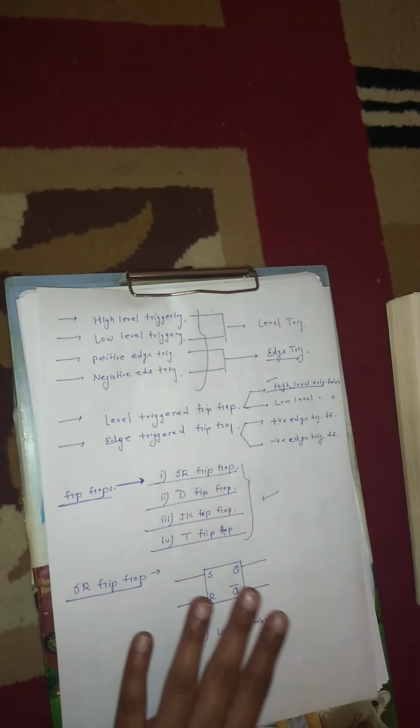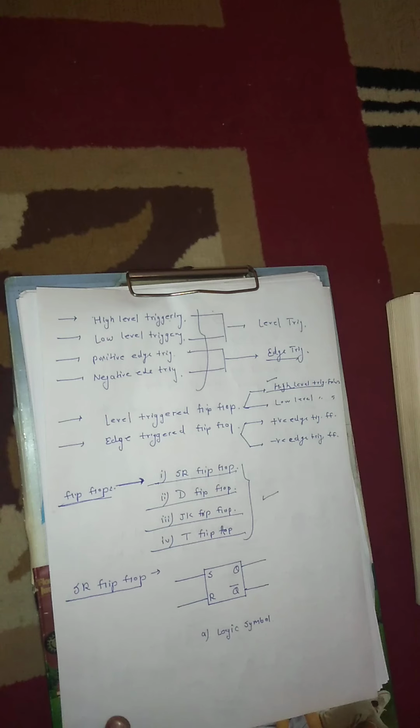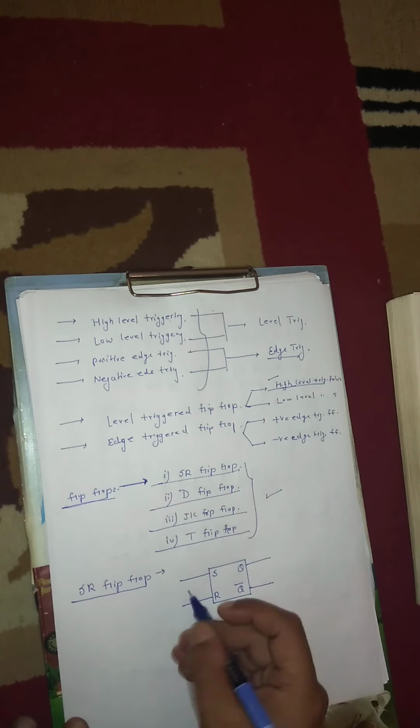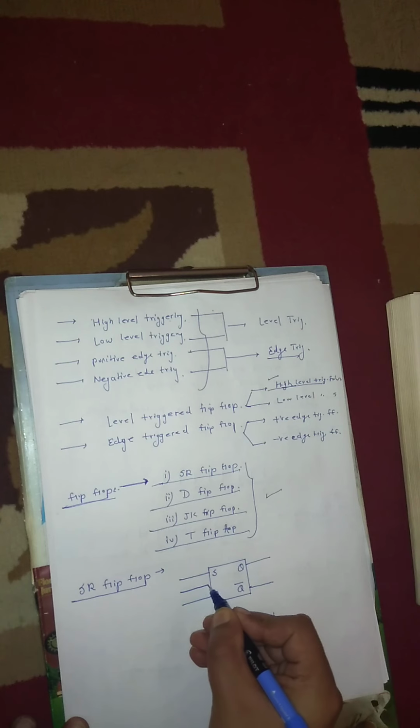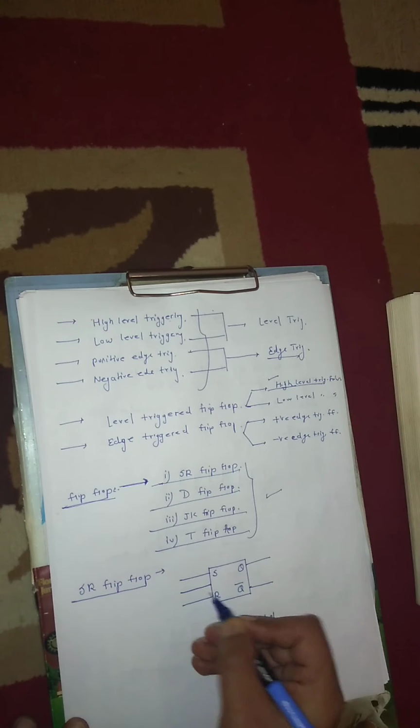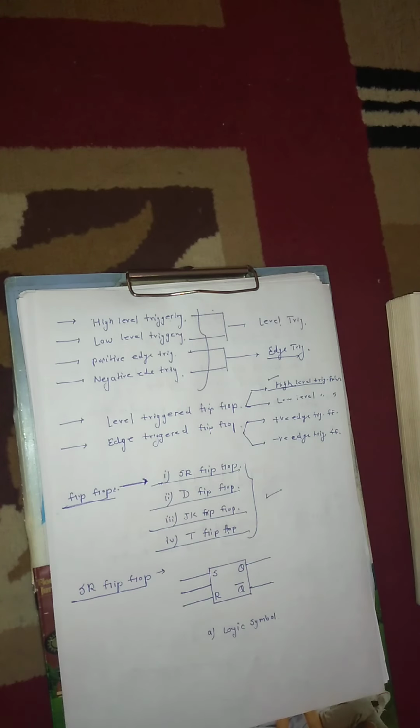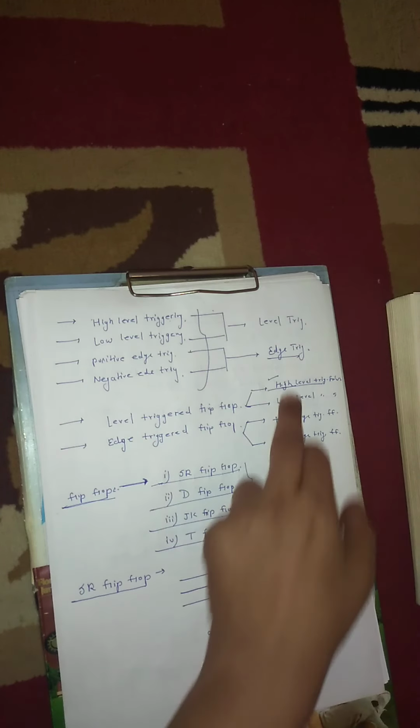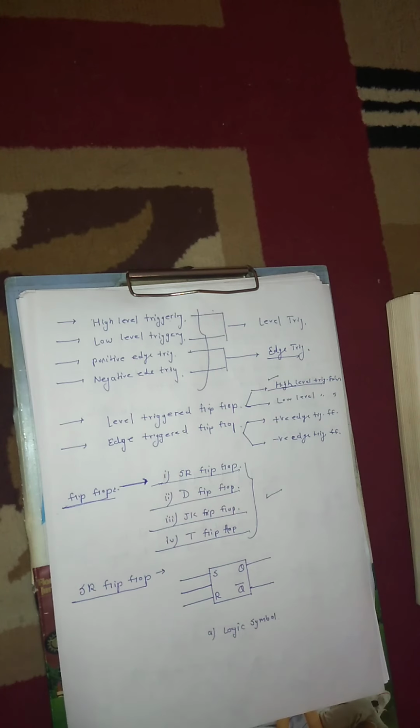It's just similar to an SR latch, but the main difference is triggering, with which we can control the working of the flip flop. So for the clock we can draw a line at the input level because we are applying it to the flip flop. Now the symbol of SR flip flop here is a high level triggered flip flop.